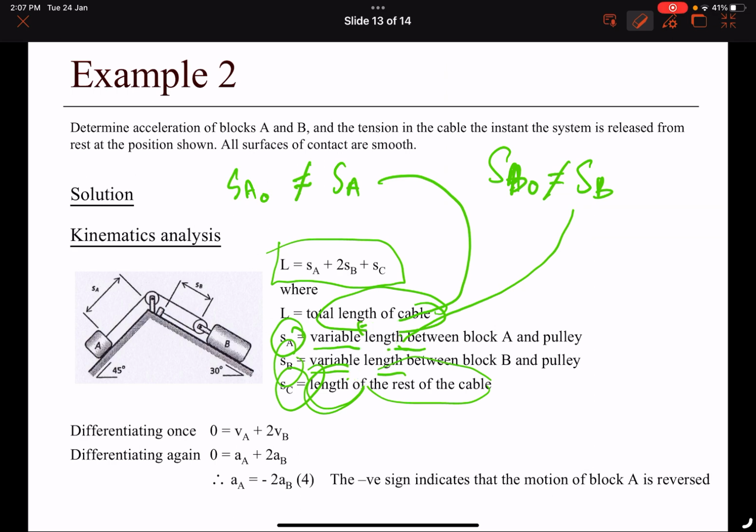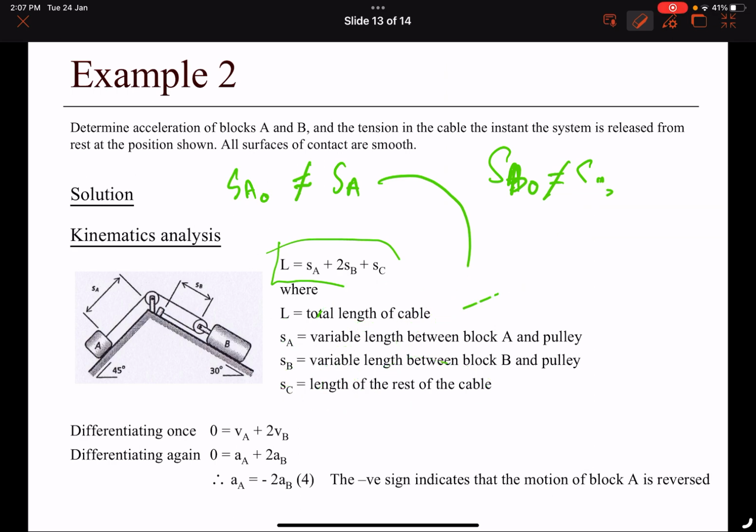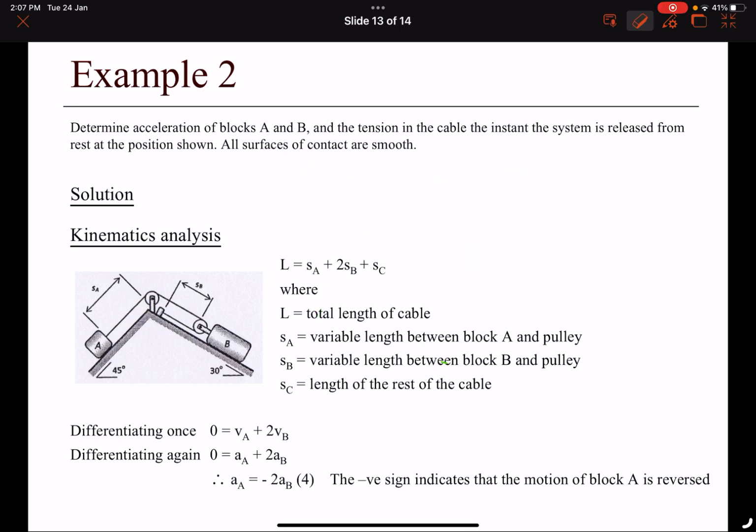Okay, so I erase everything here. And then, if you still remember, in a rectilinear motion, we can get the A or V coming from the displacement by differentiating.